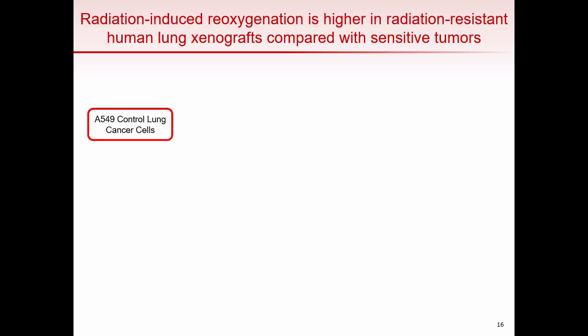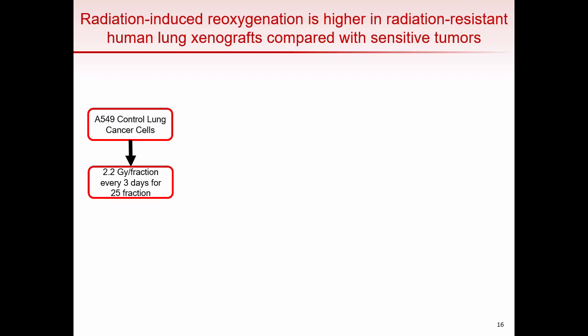So to test our method in a different cell line, we obtained a parental A549 human lung cancer line, and we developed its matched radiation-resistant clone. Basically, we took subconfluent A549 cells and exposed them to 2 grays of radiation, which caused some portion of the cells to die.